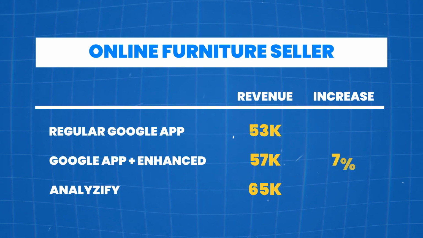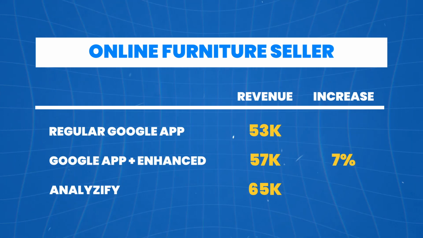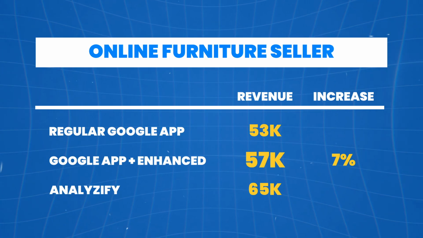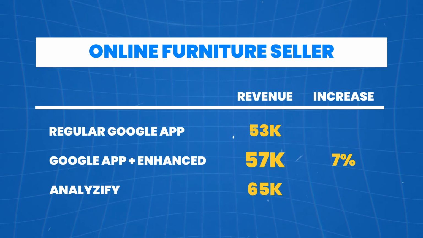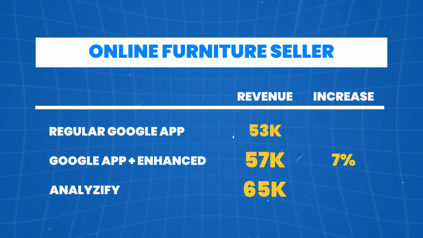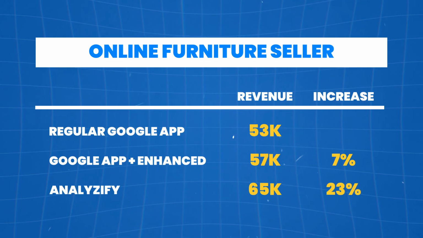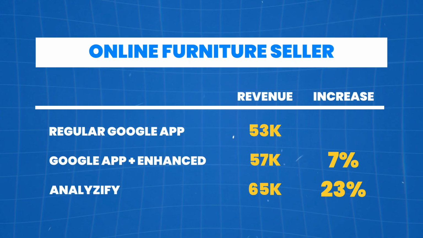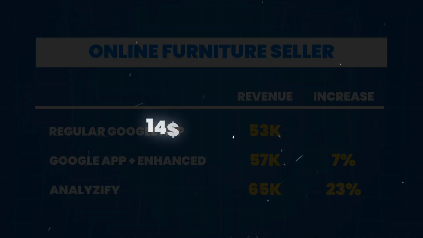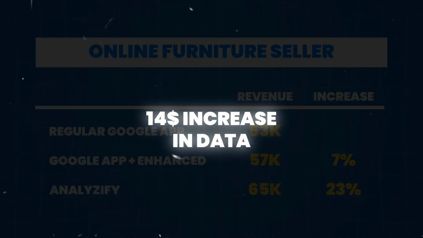We had a 7% increase in conversion data, and going from client-side tracking with no enhanced conversion tracking to Analyzify's server-side tracking, we got a 23% increase in conversion data. And the difference between enhanced conversion tracking, client-side, and server-side tracking was a 14% increase in conversion data.